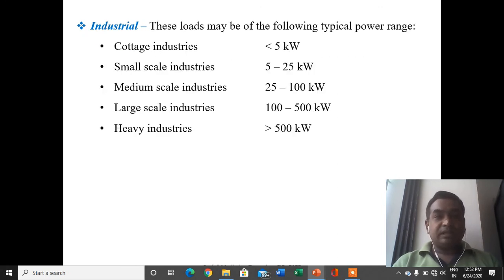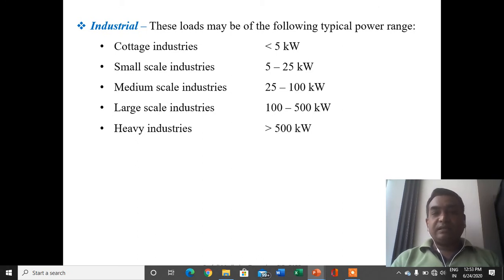Now comes the industrial load. Industrial loads are again classified according to their power use. A load of less than 5 kW is termed a cottage industry. Industries which consume power in the range of 5 to 25 kilowatt are called small scale industries.